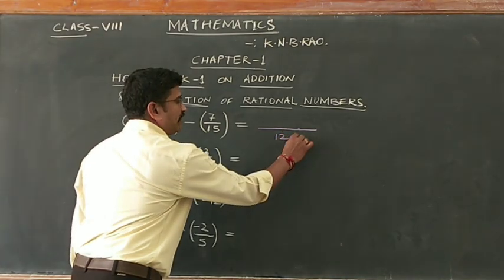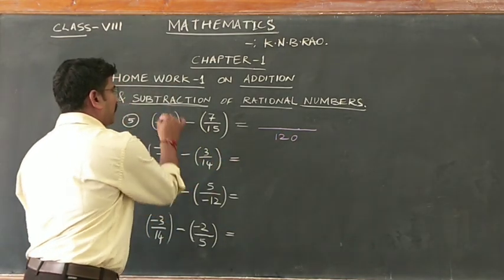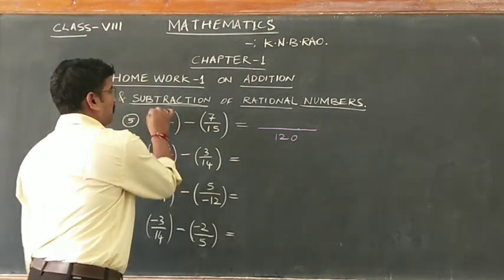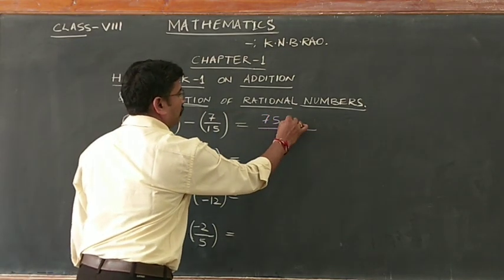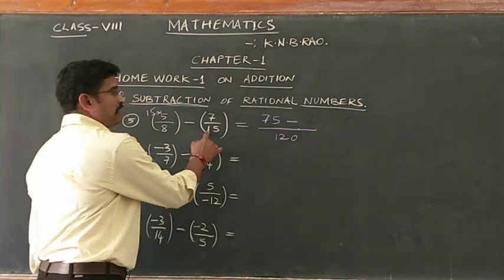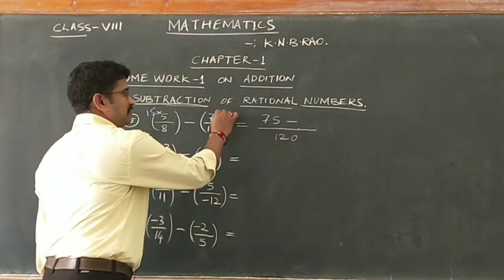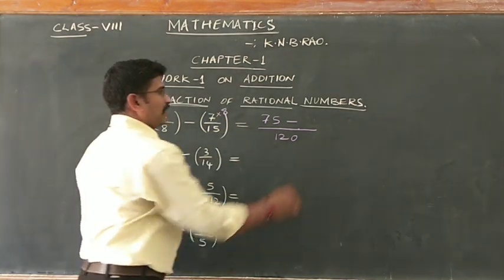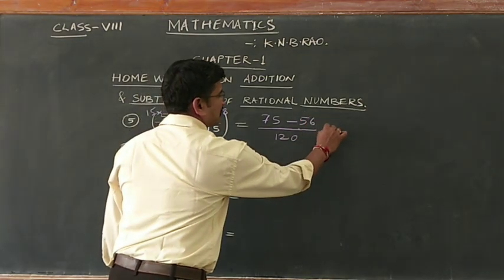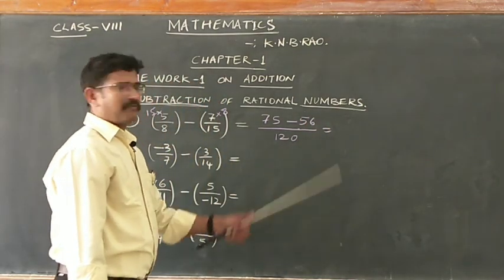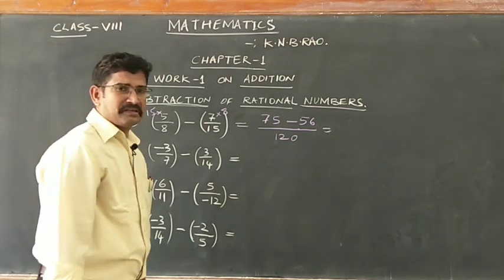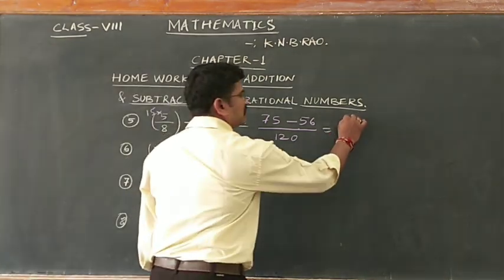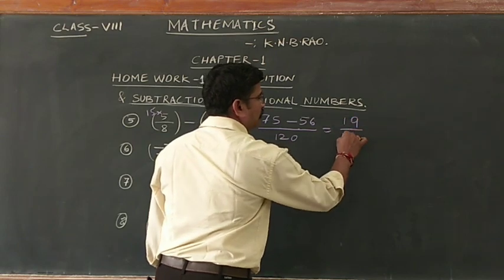So, 8 in 120 is 15 times, so 15 5s are 75, minus 15 in 120 is 8 times. So, 8 multiplied by 7 is 56, which gives 75 minus 56. Simplification or subtraction of the integers, if you know it, is easy, 19 upon 120.